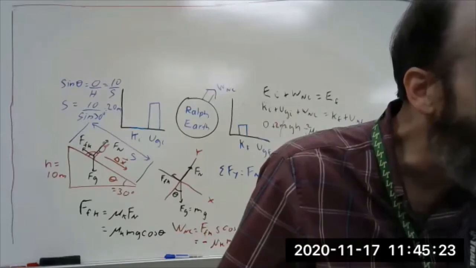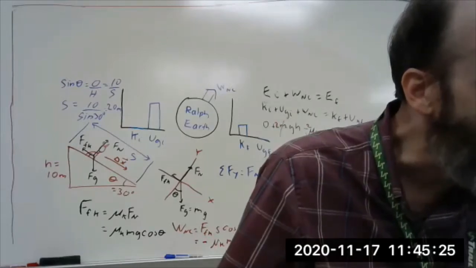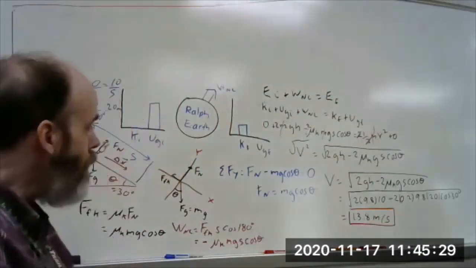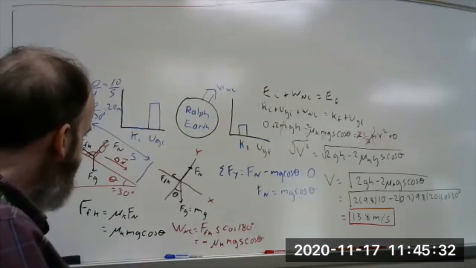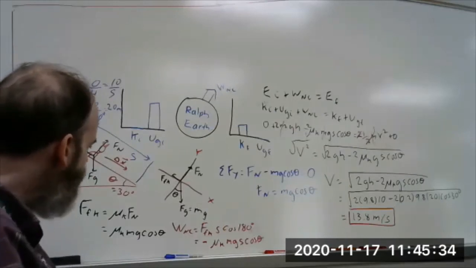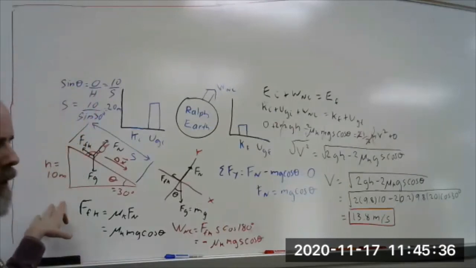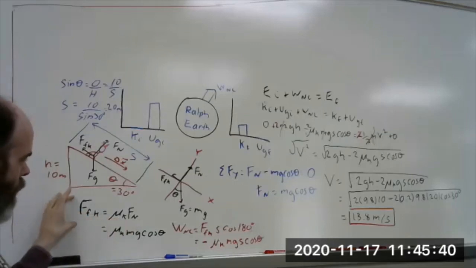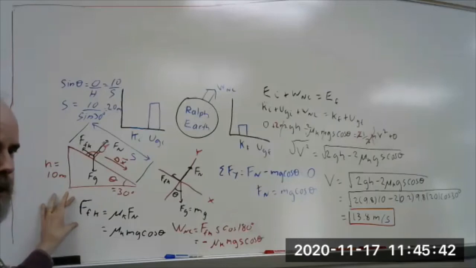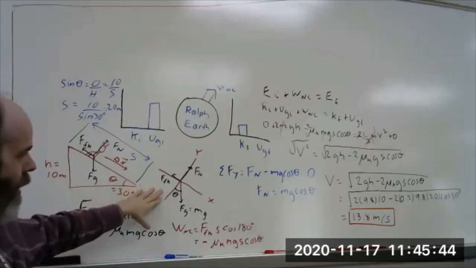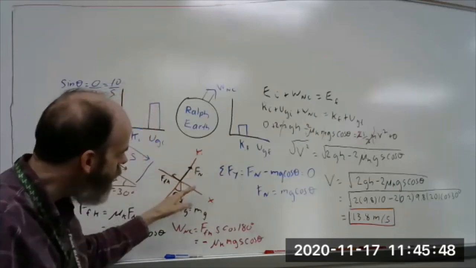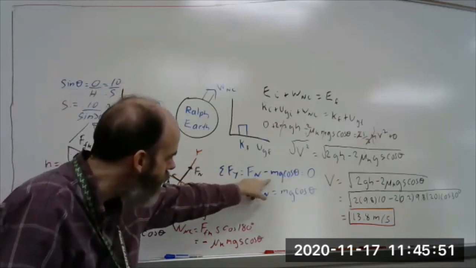Oh, how do we get the work non-conservative? That is a complicated one, isn't it? First of all, we need the force of friction. Force of friction is mu k Fn. So we have to get Fn. So we draw our free body diagram. Sum of forces in the y direction: Fn minus mg cos theta equals 0.